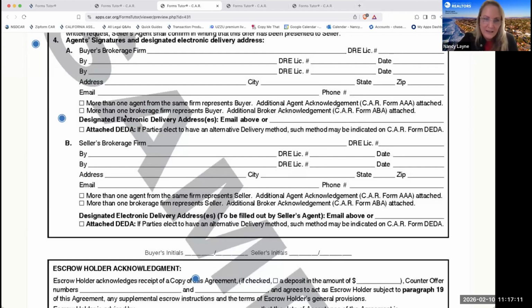So this is the legally acceptable, if it's sent to this address, it's delivered email address, right? What this does is it removes ambiguity of delivery.